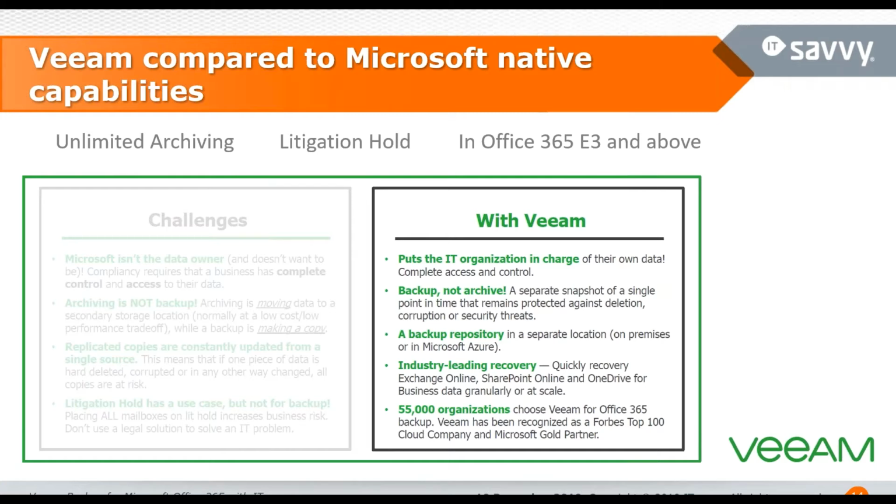Having a separate backup repository fits every backup rule that we have. And we're going to talk about some industry leading recovery that we have. It's also important to understand, actually, this number needs to be updated. At this point, over 80,000 organizations have chosen Veeam for Office 365 backup.